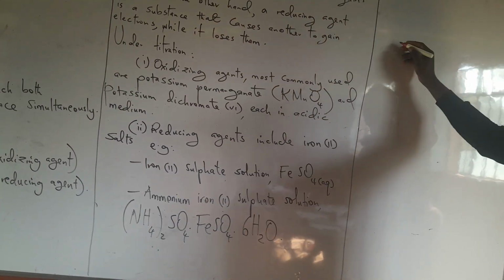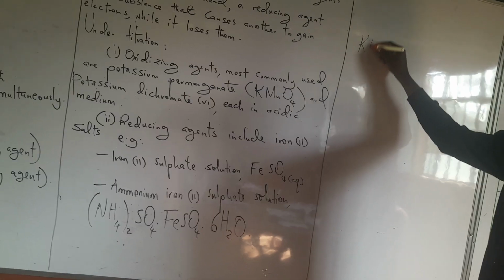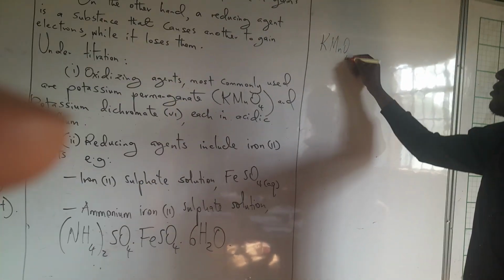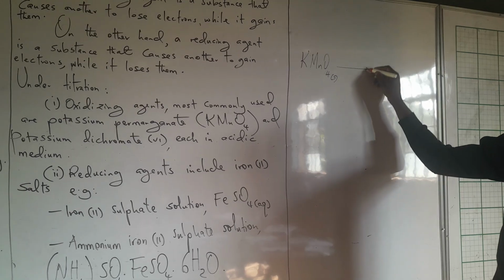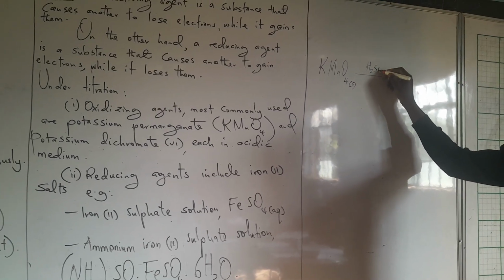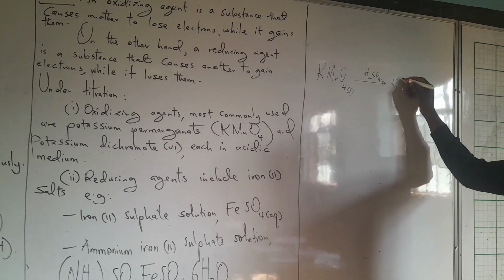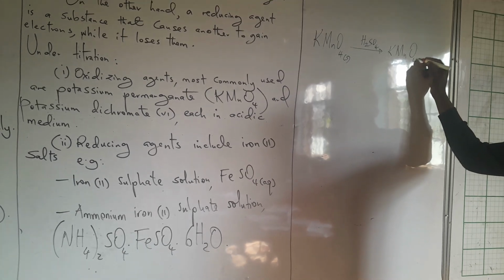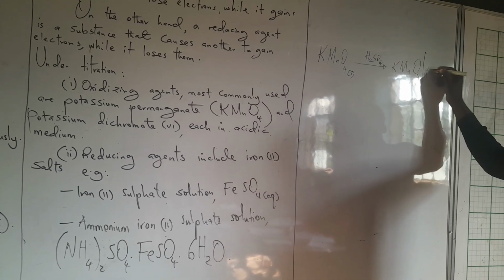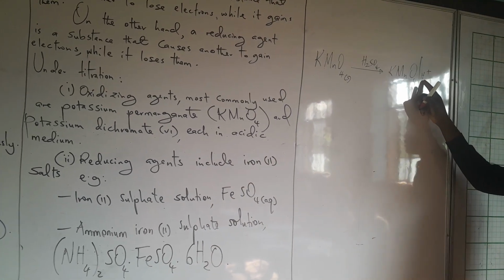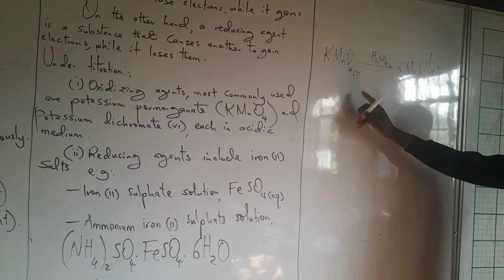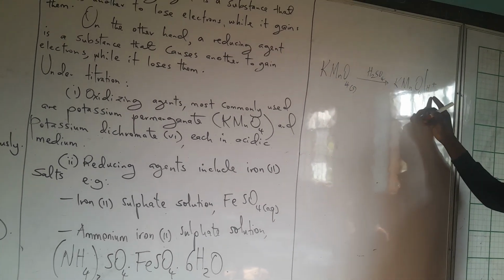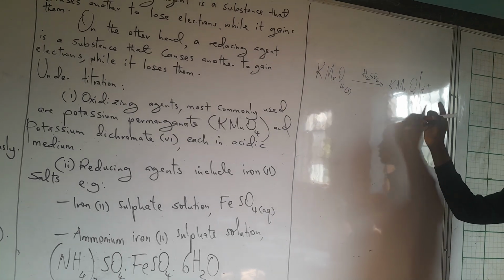So how do we acidify them? We just put them in the acid. For example, potassium permanganate in the presence of sulfuric acid forms acidified potassium permanganate, so it contains hydrogen ions from the acid. This one is neutral, this is acidified.